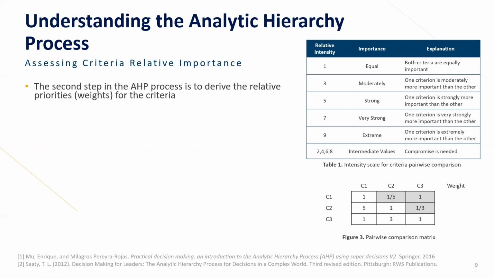In this step, you need to give a score, comparing one criterion to another based on its importance. We want to assess which criterion is more important, equally important, or very strongly more important than the other one. So we use this intensity scale. It is called the intensity scale.